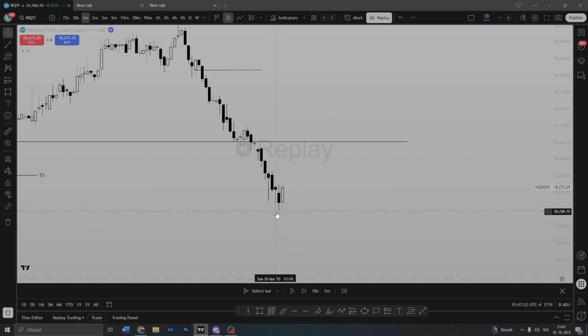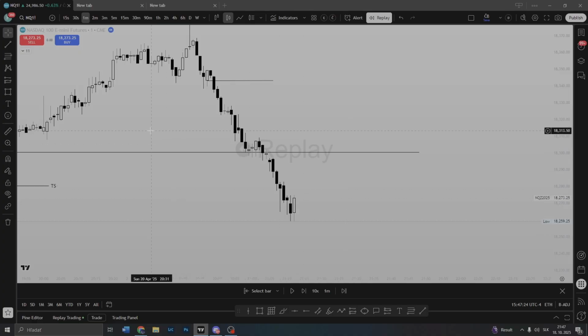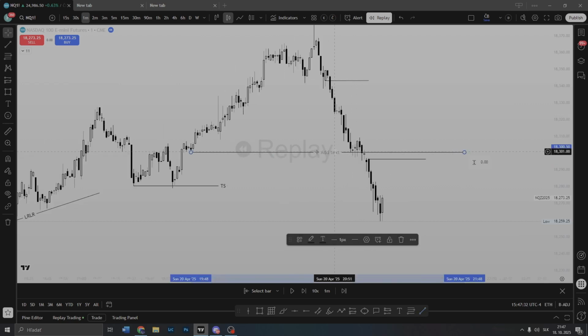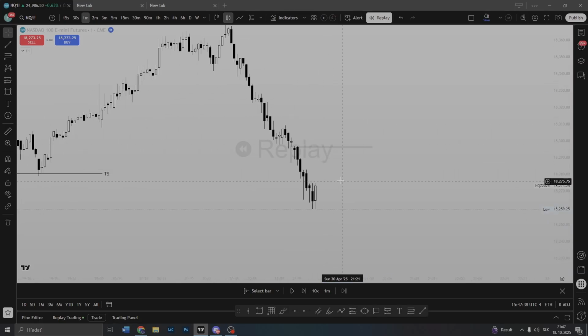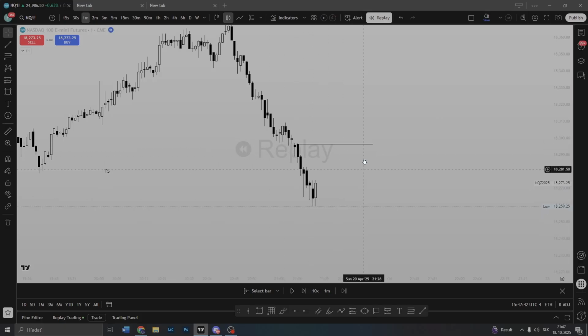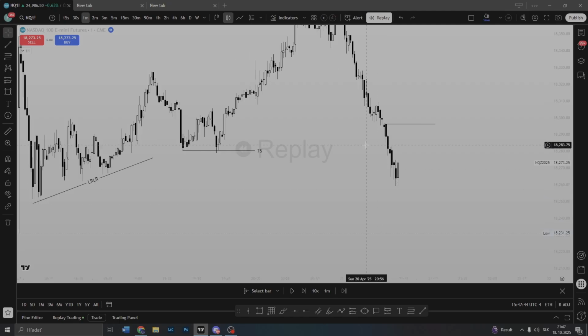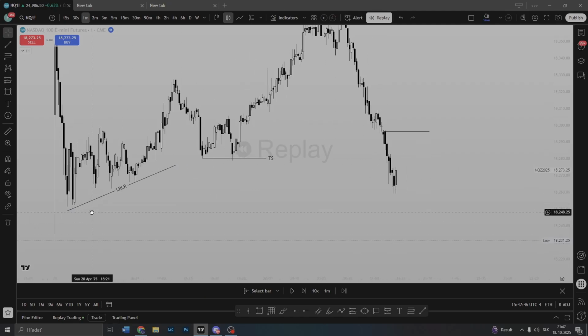We do have equal lows. So now if we are bullish, I need to see a closure above this high. That's the minimum that I need to see right now. I will delete this line, and I will delete this line also. So this is the pure minimum. If you are bullish, we need to close above here. If you are bearish, we will take the lows again, and we're going for more liquidity on the left.